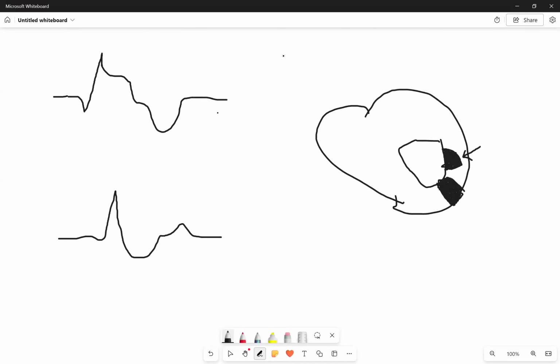Okay, so in the ST segment here, because this part died, it will be delayed as to when the ventricle will repolarize. Does that make sense? Because this part died, it will take a while before these cells here will repolarize.